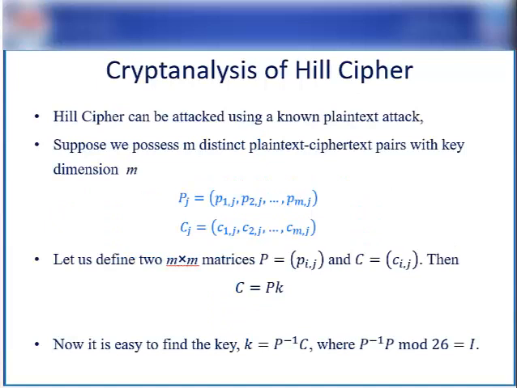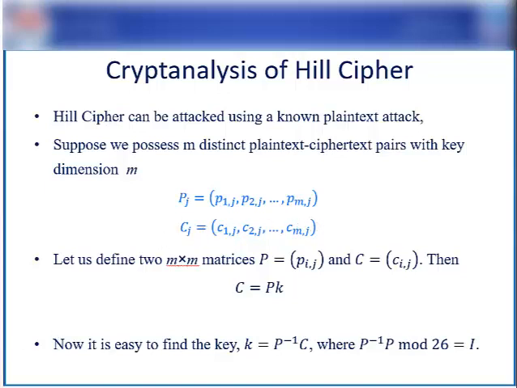How can we attack a Hill cipher? The Hill cipher can be attacked using a known plaintext attack. Suppose that we were able to intercept m distinct plaintext-ciphertext pairs with a key dimension m. Here are our intercepted plaintexts and here are our intercepted ciphertexts.